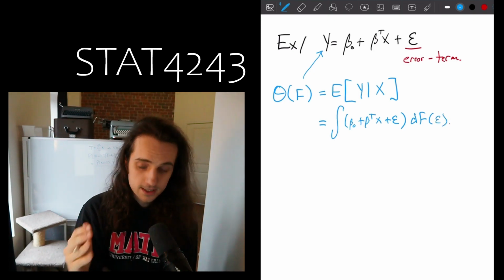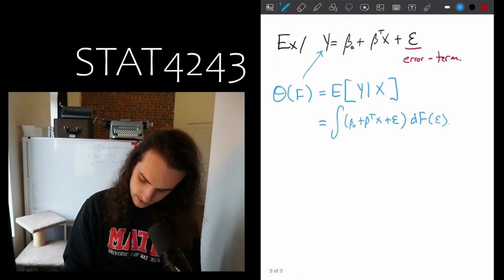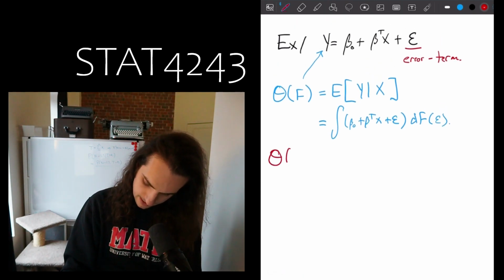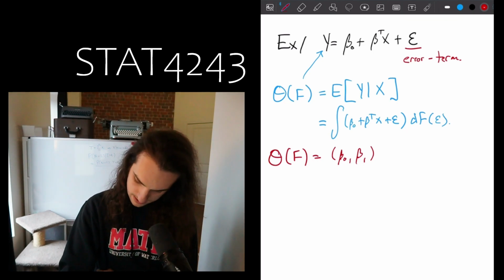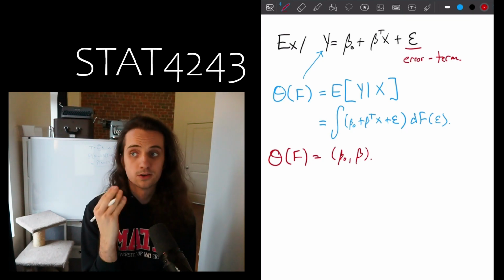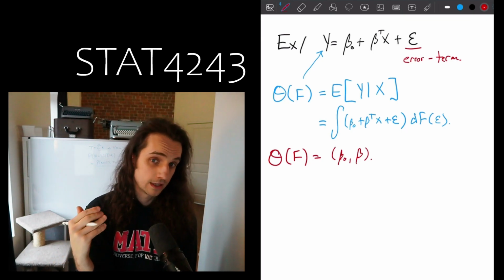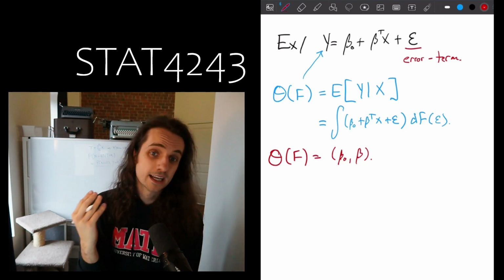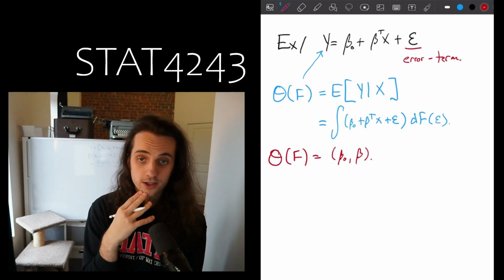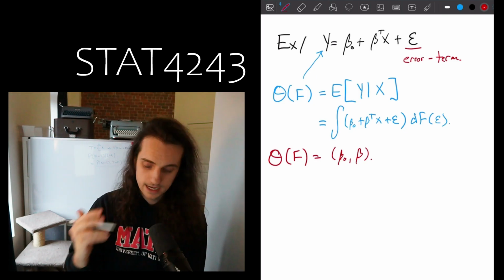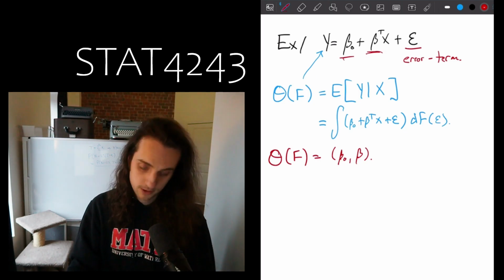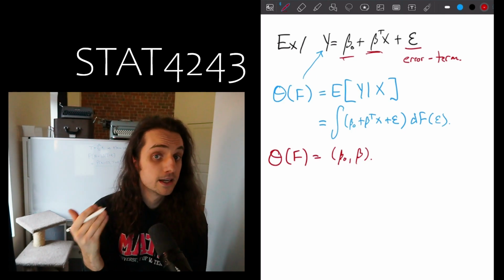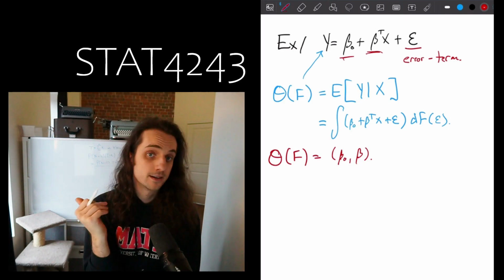Another more natural thing to do here would be to take theta of f equal to theta of beta 0, beta, so it's going to be equal to the true parameter values there. And again, you can get this by inverting this equation, or by writing this down.